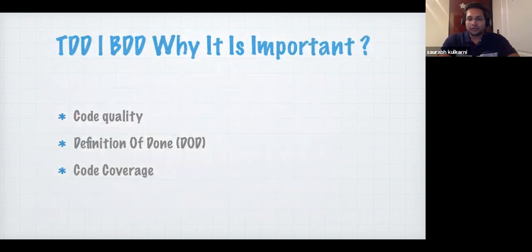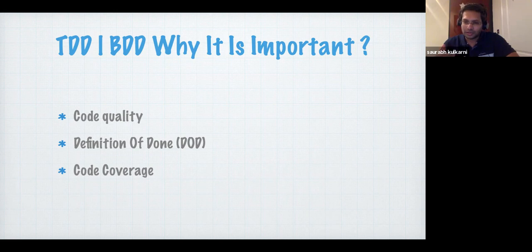From the Scrum Master's perspective, you must have heard about TDD and BDD all the time in your daily Scrum calls, and this is important because it ensures the code quality, the quality of the product that your organization or your team is going to deliver.